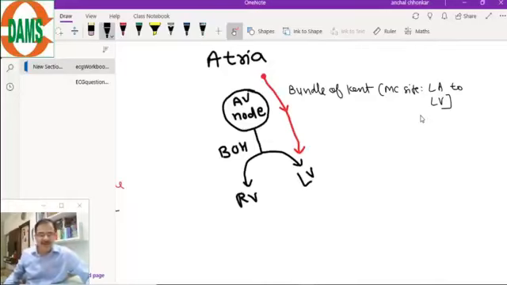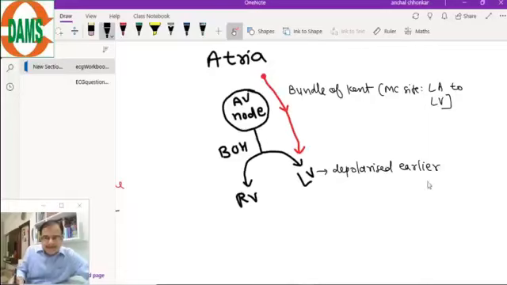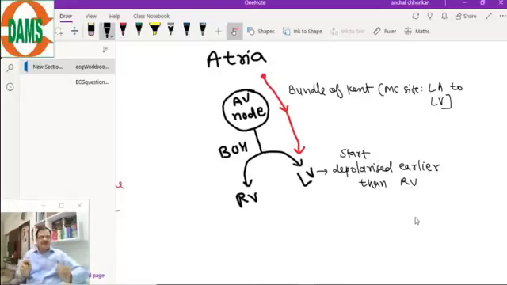So what difference will be there? Remember, the left ventricle will be depolarized earlier, then the right ventricle. This is obvious because the impulse will go to the left ventricle much earlier.